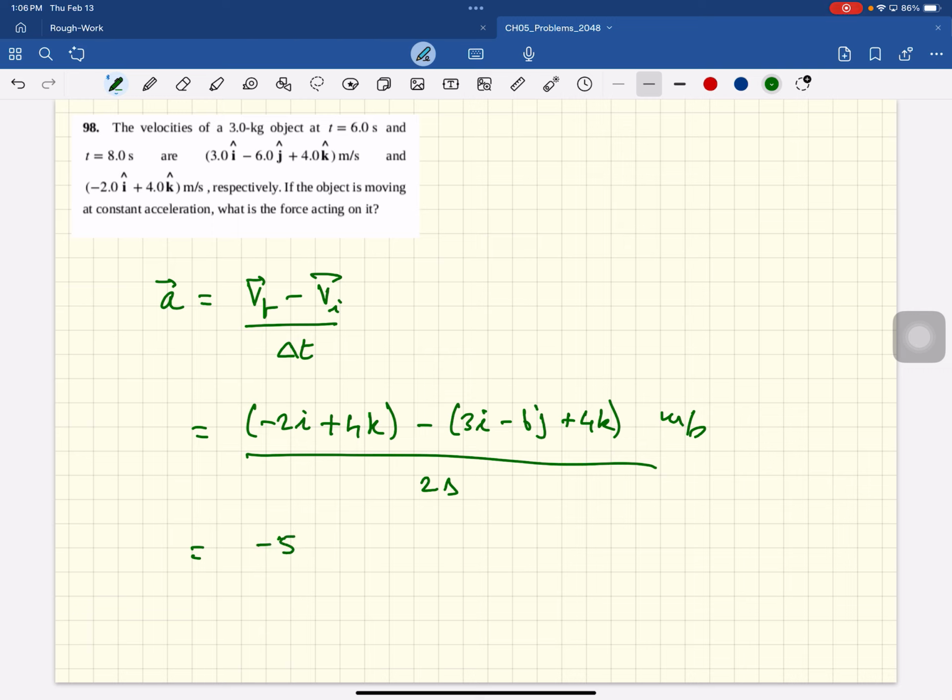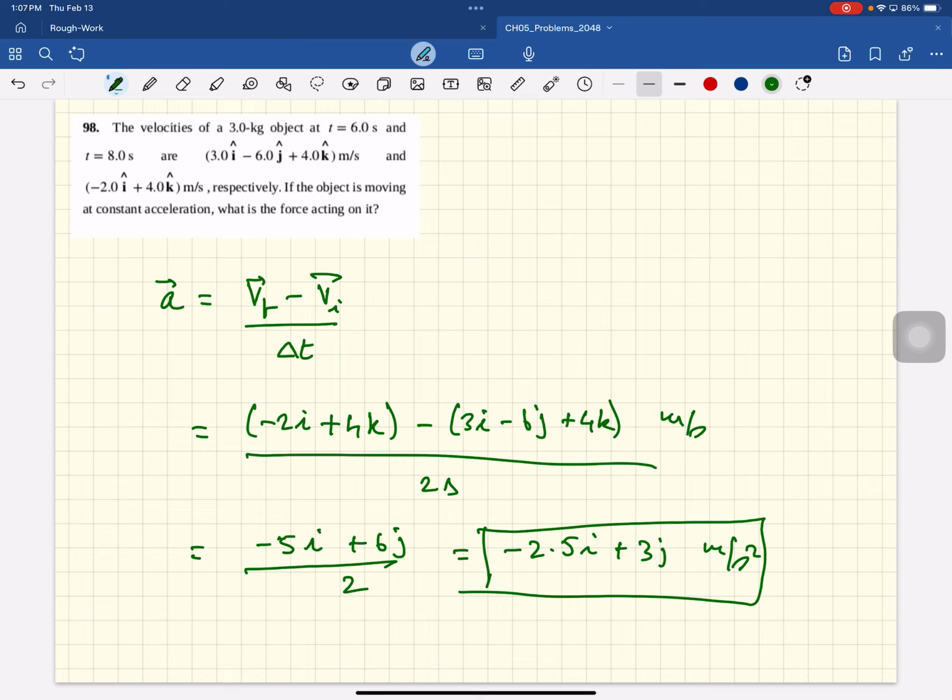So minus 5i plus 6j and 0k over 2 seconds. That is the acceleration of the object.